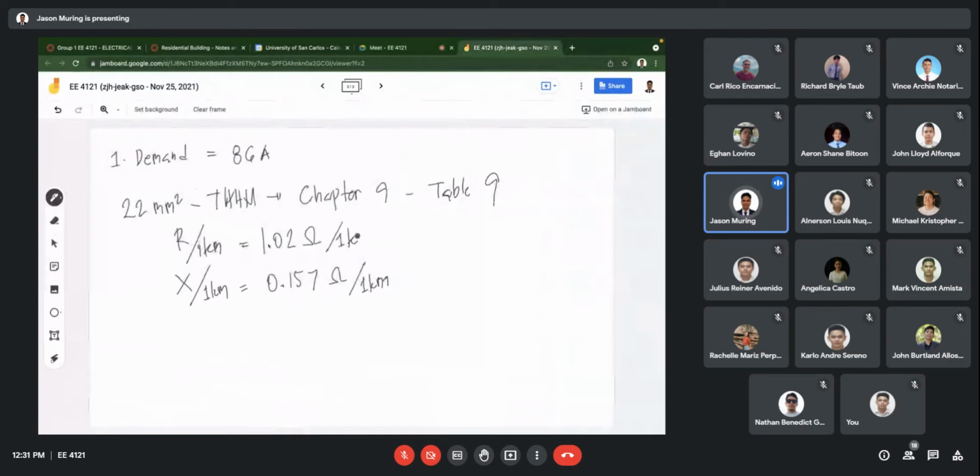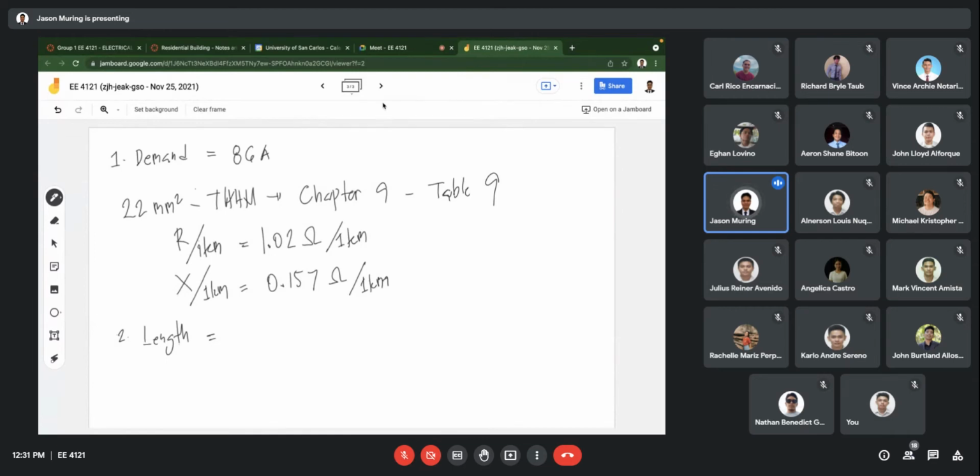Okay, so with these values now, you can start calculating your voltage drop. Let's calculate first the actual resistance based on length.